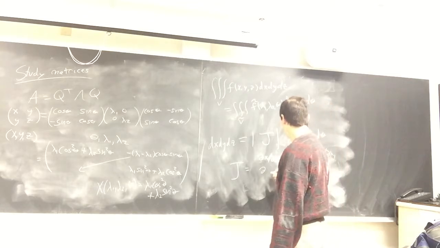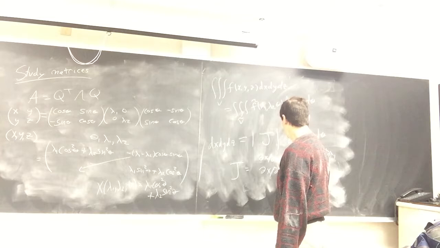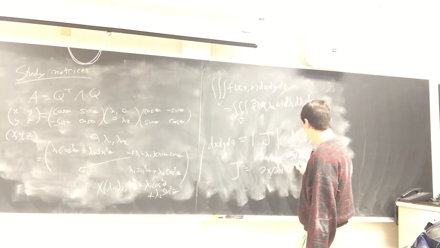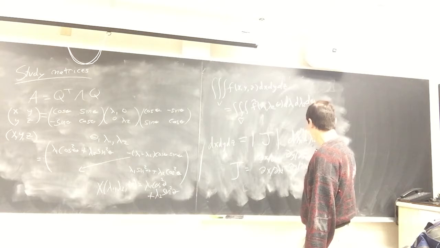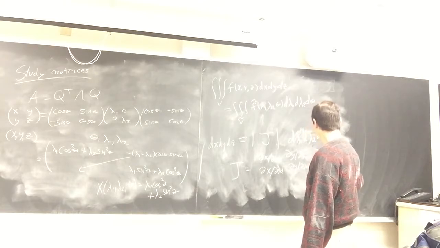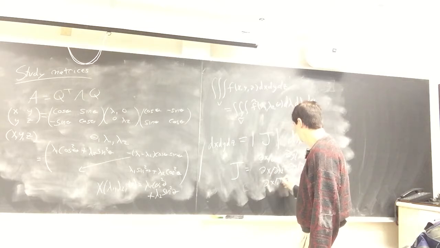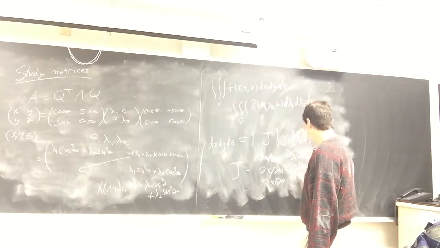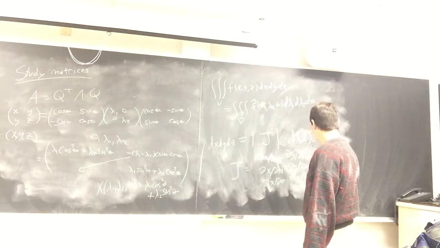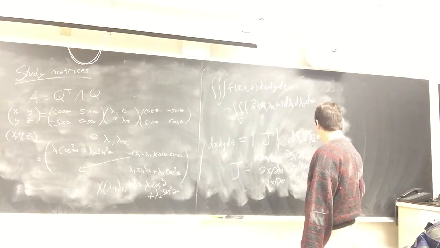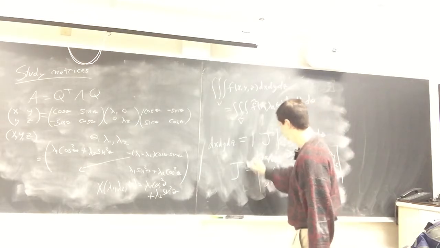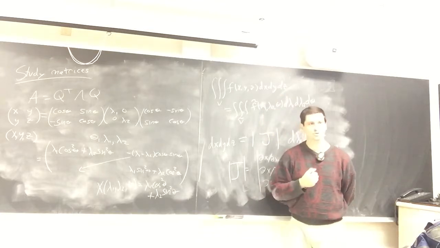And then dx, d lambda 2, dy, d lambda 2, dz, d lambda 2. And then we'll have dx, d theta, dy, d theta, and dz, d theta. And then we'll take the determinant of that. Joy.